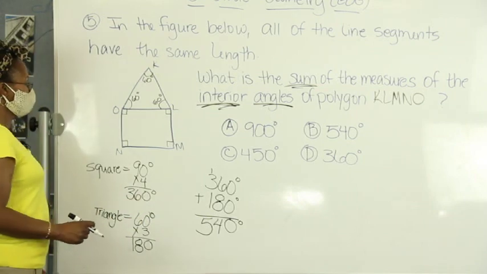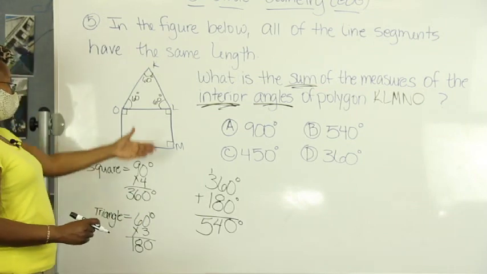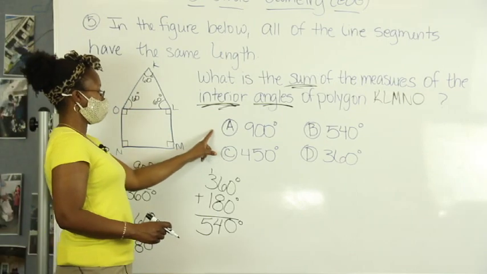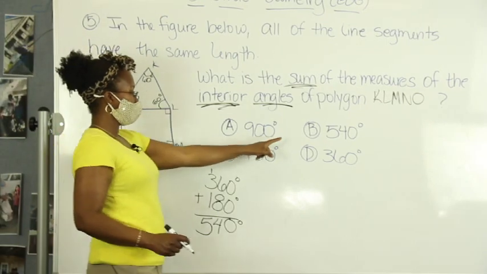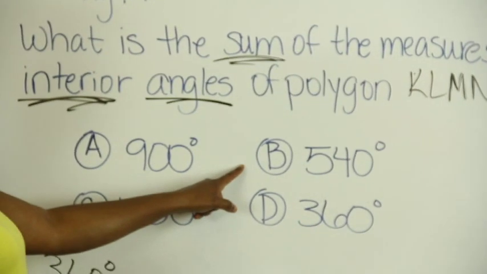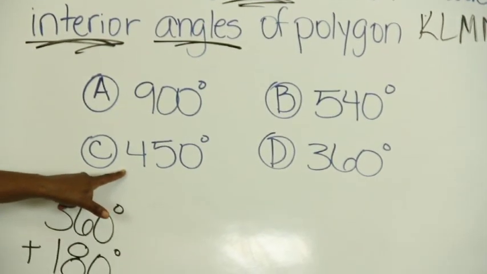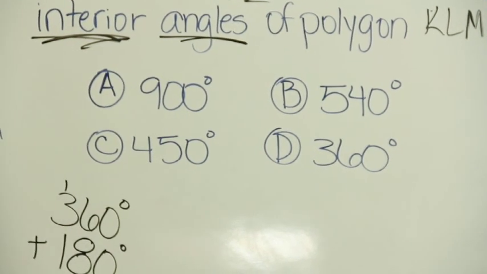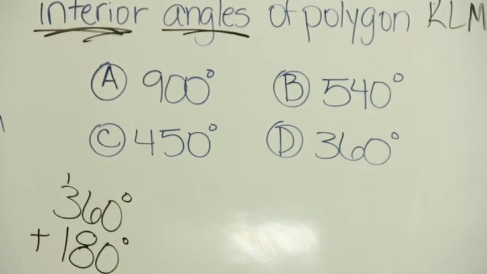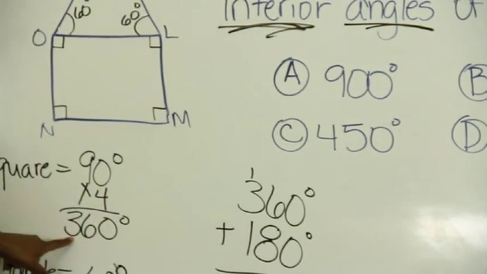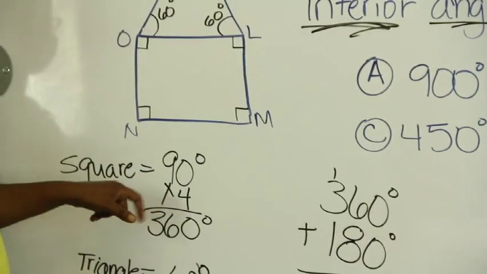So let's see if that answer is actually over here. A, we have 900. B, there's our 540. C is our 450. We know that can't be it because just alone in here, we came up with 360, and that's really, really close.